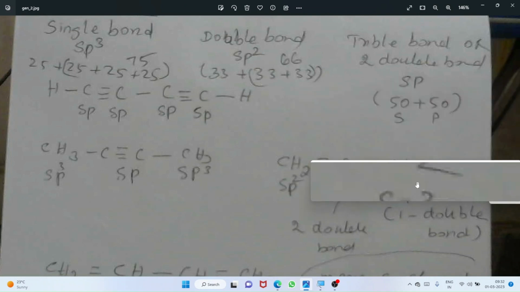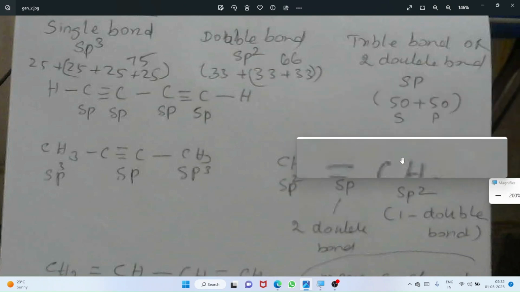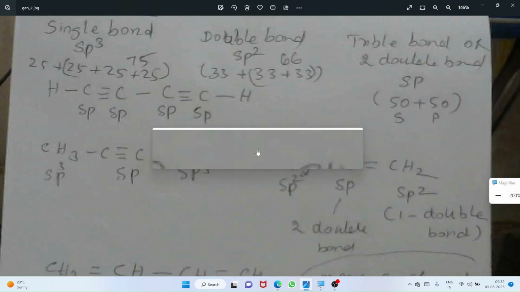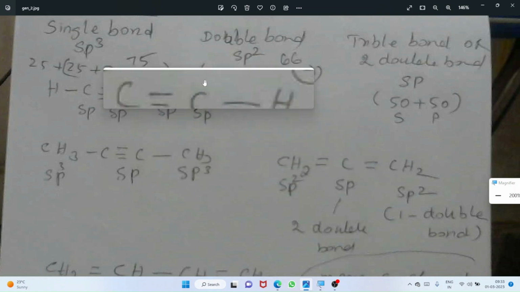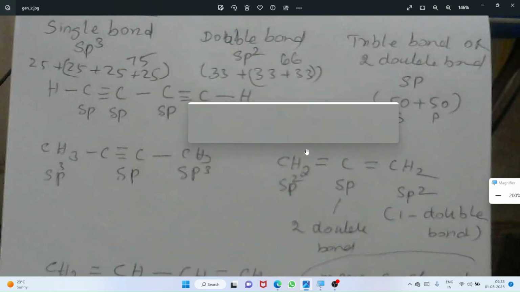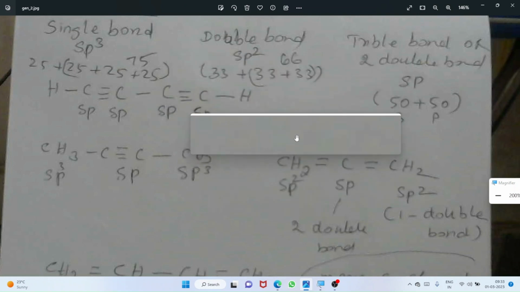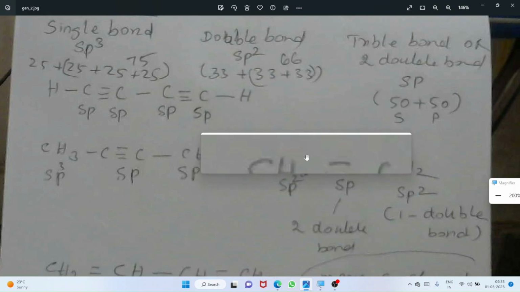So here in sp2, we have one S and two P's, so there are three parts: S plus P plus P. One third is S character, 33%, and P character is 66% because two P's are there.